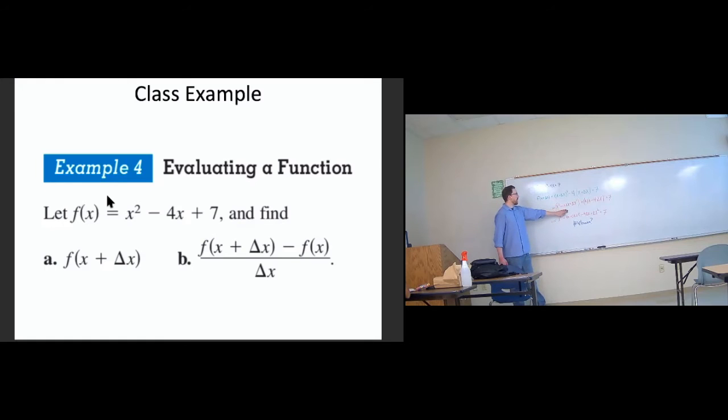Since we're squaring this, we're gonna get x squared plus 2x delta x plus delta x squared. Here we're multiplying by -4, so I just went ahead and distributed the negative and replaced it with an addition up front, right? So we're distributing -4 inside, and nothing happens to our 7. And then finally, rearranging everything. So, with that, now we know what f of x plus delta x is.